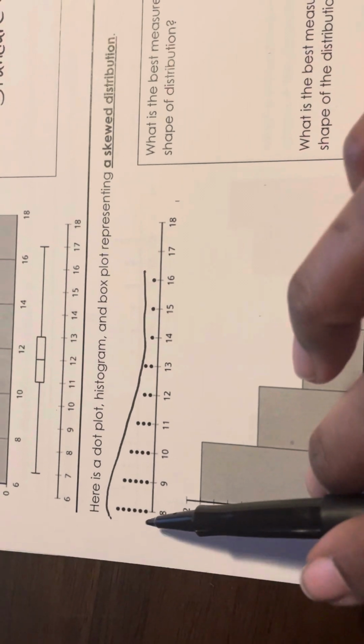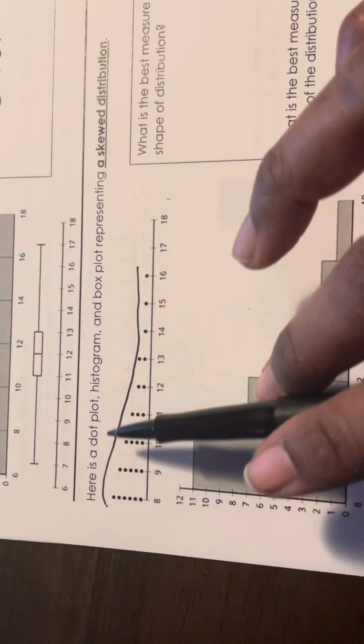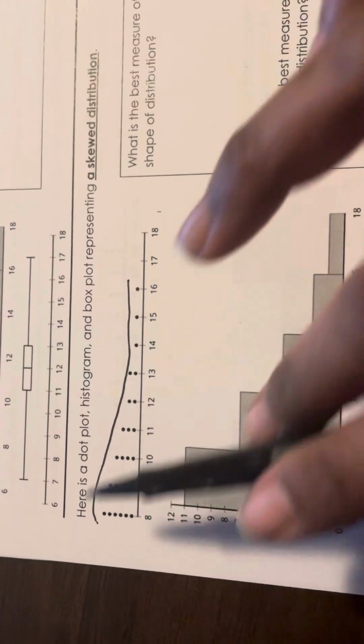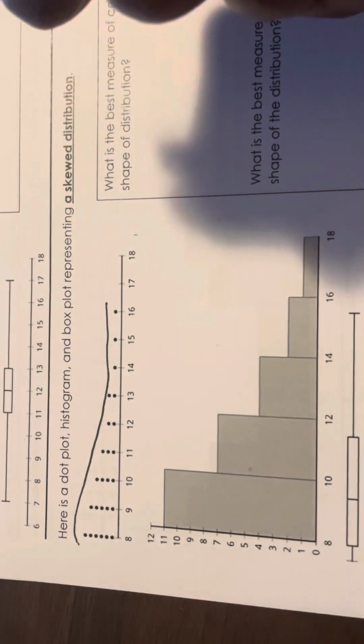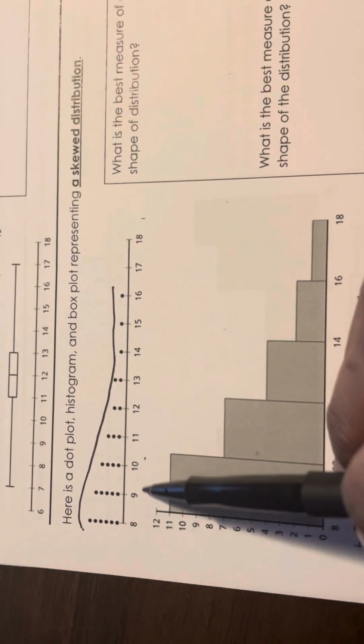You can also see here that most of my data falls down by the box and then kind of wavers out at the end, at that maximum. So what's the best measure of center for this? Most of my data is over here, and those far values aren't really outliers, I don't think, but if I calculated them in, those numbers would draw the mean out farther than where most of my data is.